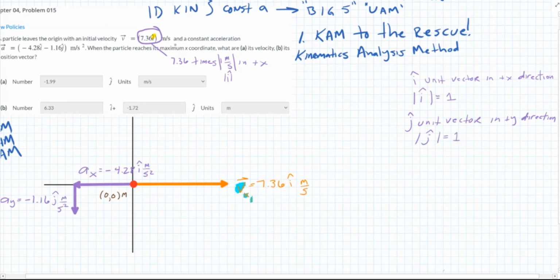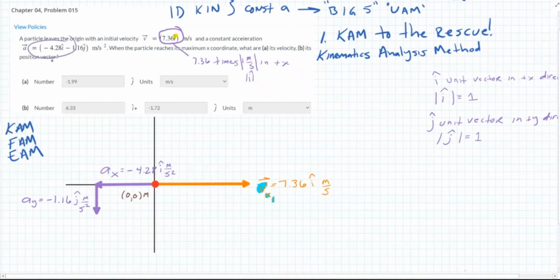The way I read this number, if I'm going to translate it, I would translate this as negative 4.28 times 1 meter per second squared in the x direction, and that negative stands out. This is why you can have unit vectors going to the right or going to the left.